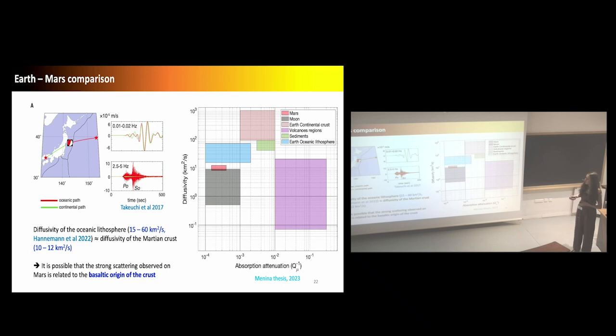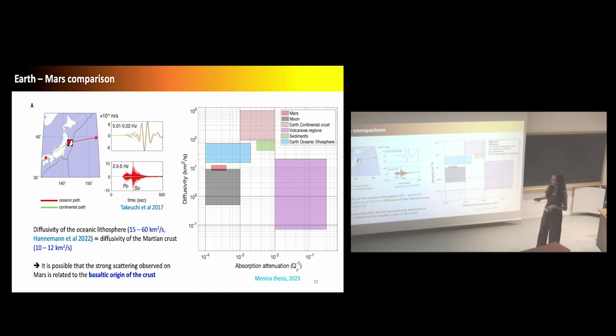And we found this very interesting article of Takeshi, who actually used the comparison between 2 seismometers. You have one seismometer here in the ocean, and the second one here near the mountains. And he made a comparison between the envelopes at low frequency and high frequency.